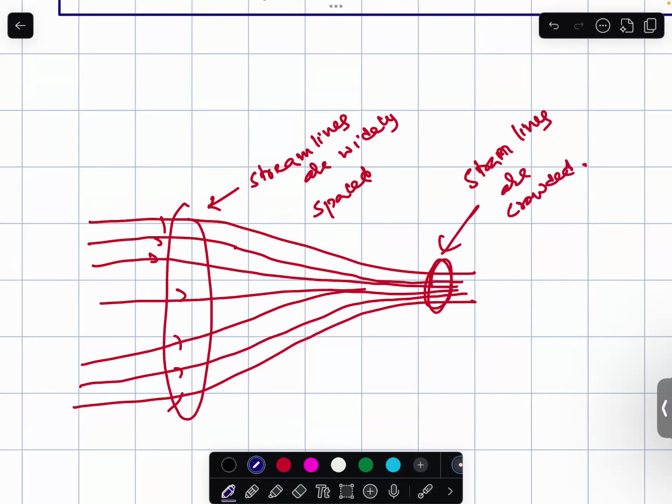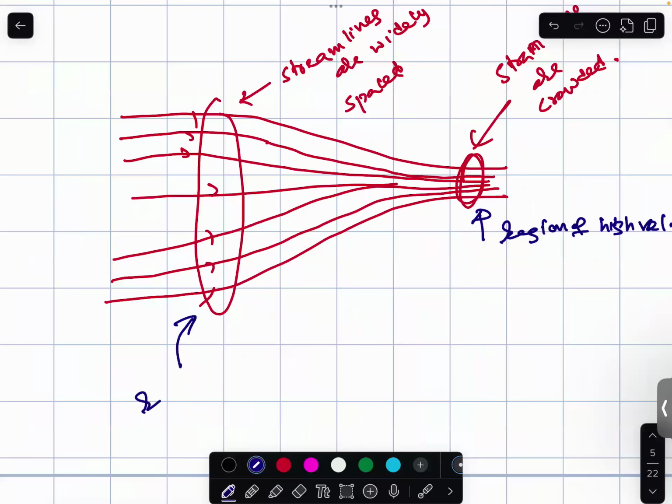Anytime you observe such a phenomenon, this represents a region of high velocity. And this one represents a region of low velocity.